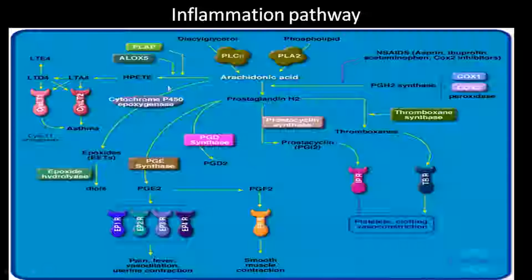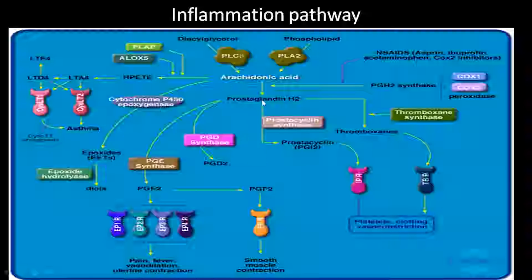Okay, so before it gets loaded, let me tell you something about the inflammation pathway, the arachidonic acid pathway. I've been talking about that for a long time. So in the arachidonic acid pathway, we have arachidonic acid, which is produced by phospholipase enzymes from phospholipids.